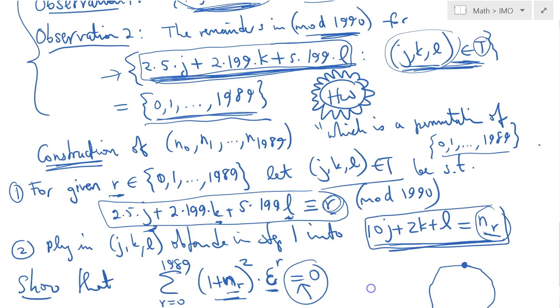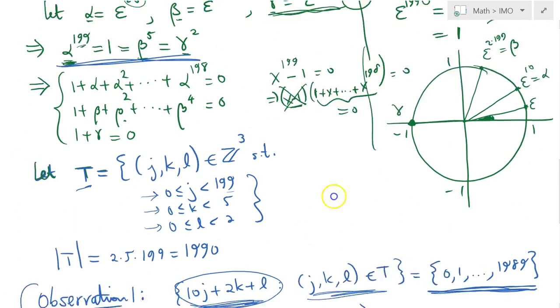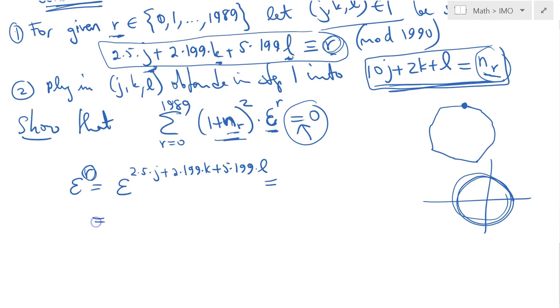So the angles will, okay, this thing is equal to, now going back to our alpha, beta, gamma notation somewhere here, I'll make use of these symbols now, obviously. So this is equal to epsilon to the power 2 times 5 times j, times epsilon to the power 2 times 199 times k, times epsilon to the power 5 times 199 times l.